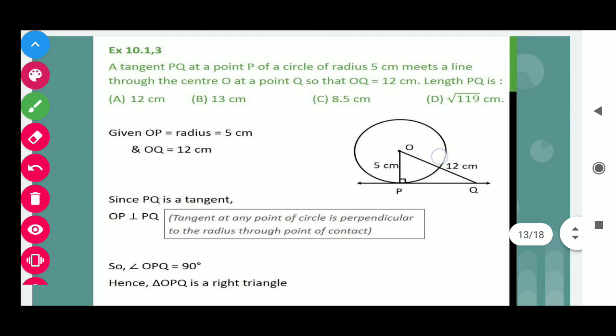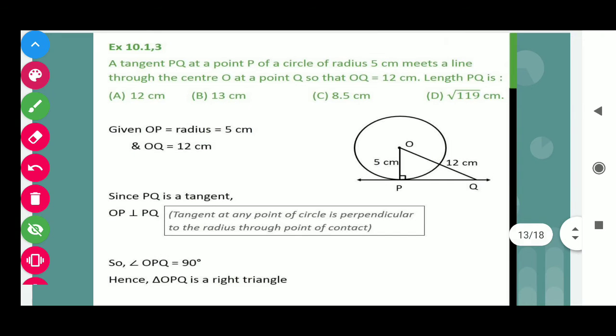Now students, here we have question number 3, exercise 10.1. A tangent PQ at a point P of a circle of radius 5 cm meets a line through the center O at a point Q so that OQ is equal to 12 cm. We need to find the length of PQ.